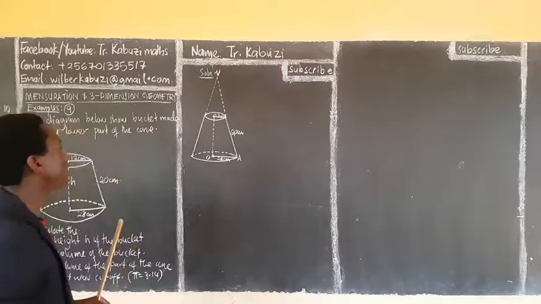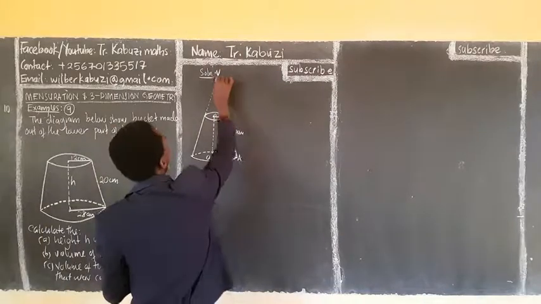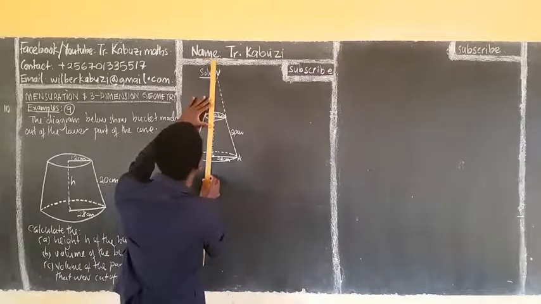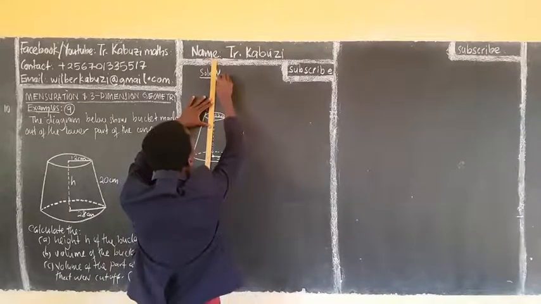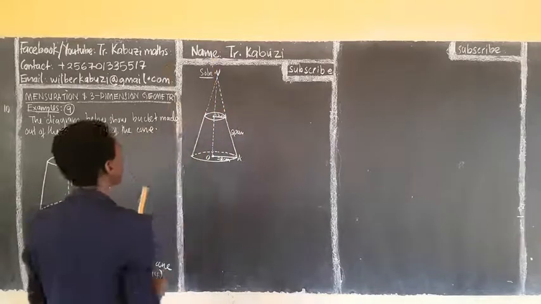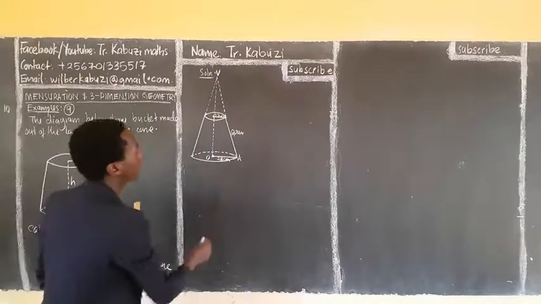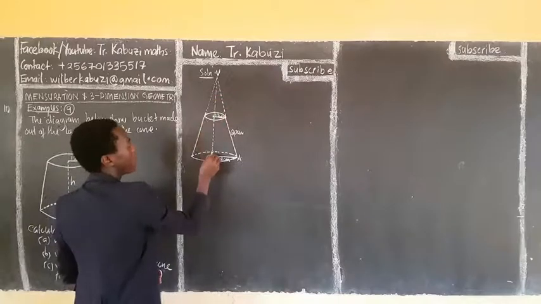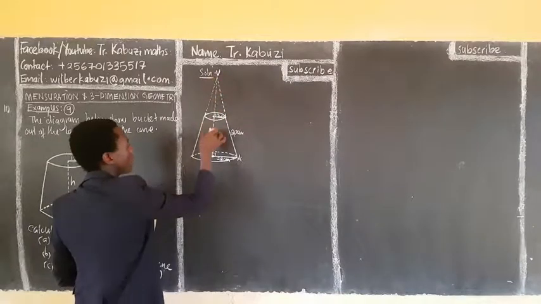So if that was my bucket, it means that the height of that cone was from there up to here, up this lower side. Remember that after extrapolating, I'm going to be forming a right angle triangle, this one.